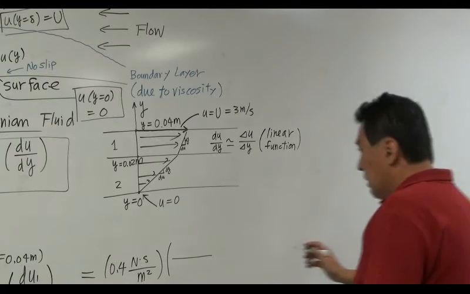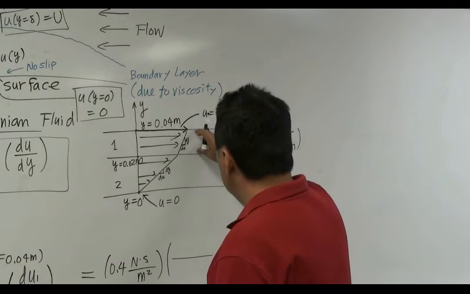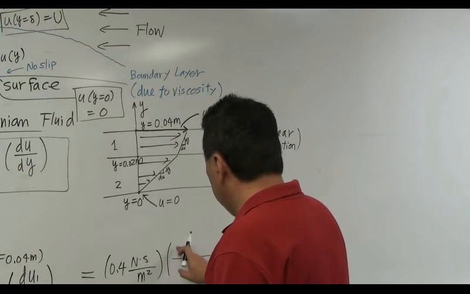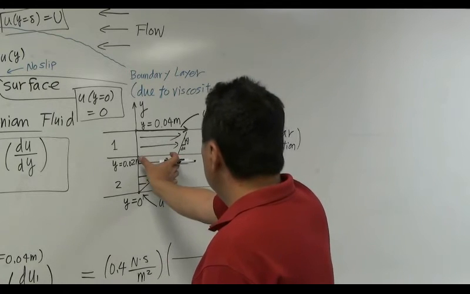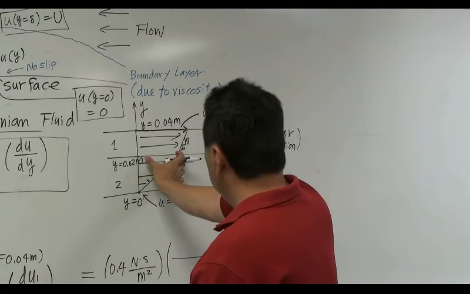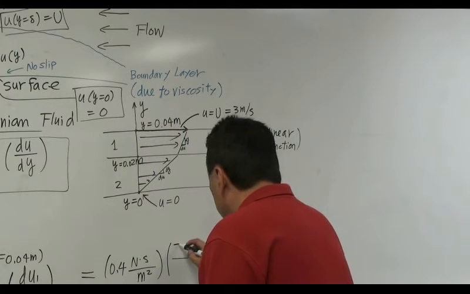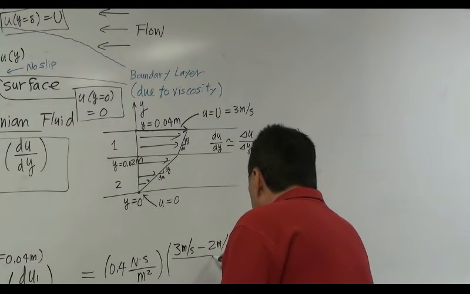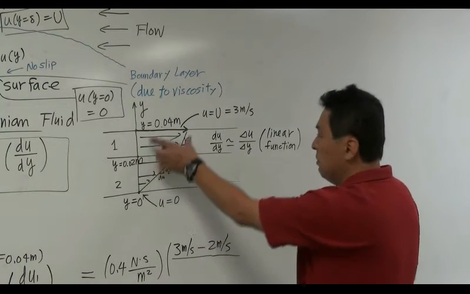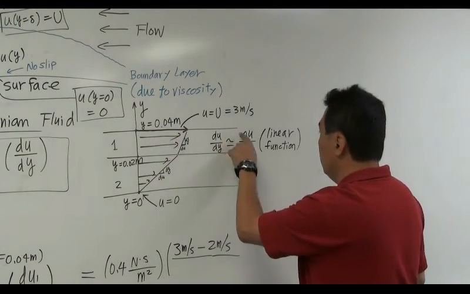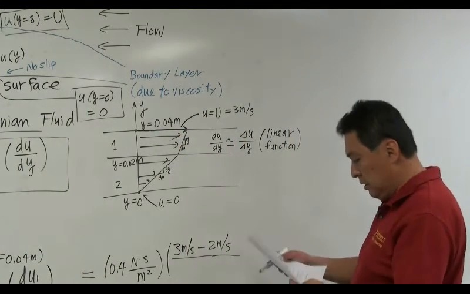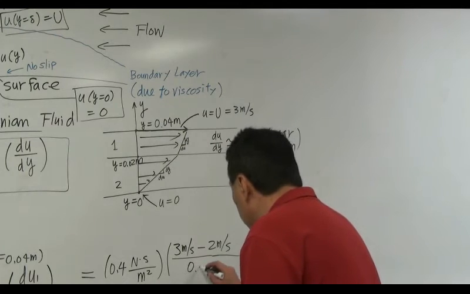Okay, so let's do that. How much velocity change happened from here to here? That's du. Right here is 2 meters per second. This is 3 meters per second. So 3 meters per second minus 2 meters per second, so 1 meter per second change of velocity. That's delta u over this much height, which is 0.02 meters.